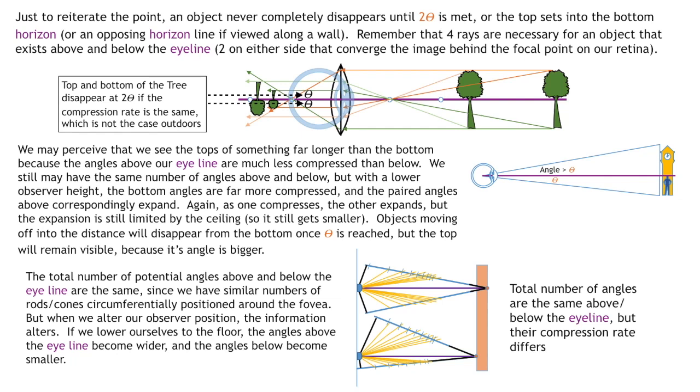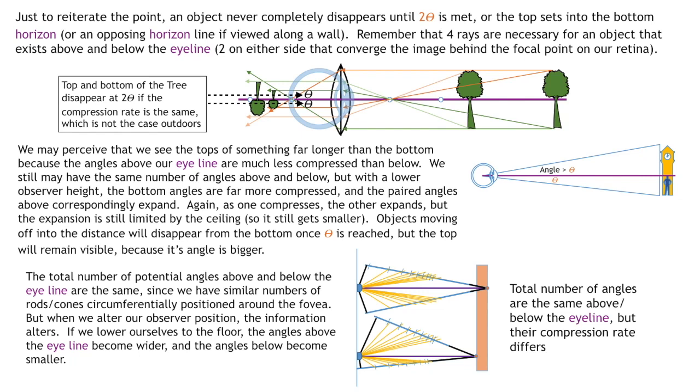In other words, the floor is usually compressing an object much more than the ceiling, since the ceiling, in the case of the sky, is much higher. Even in that case, 2 theta being met simultaneously is very rare, because for that you need the floor and the ceiling to be the exact same height away from your eye.